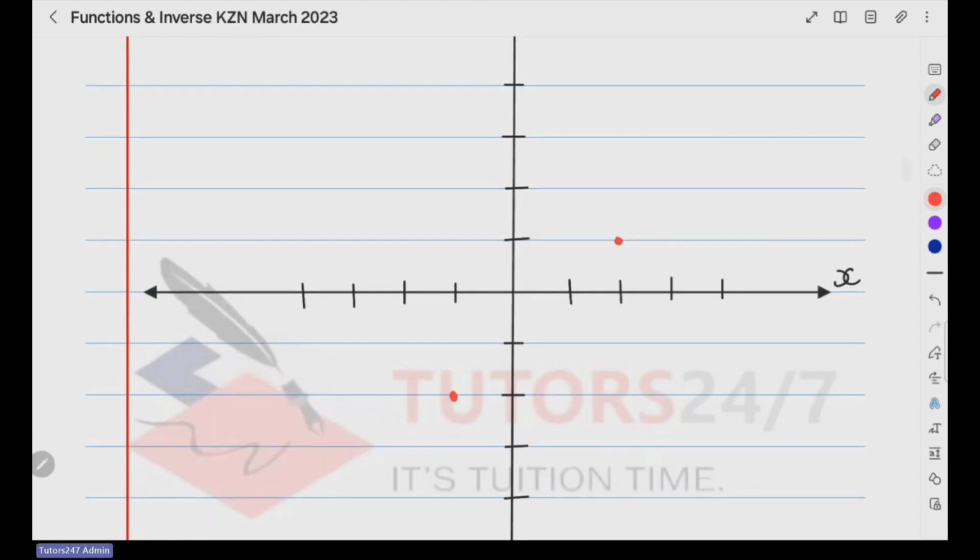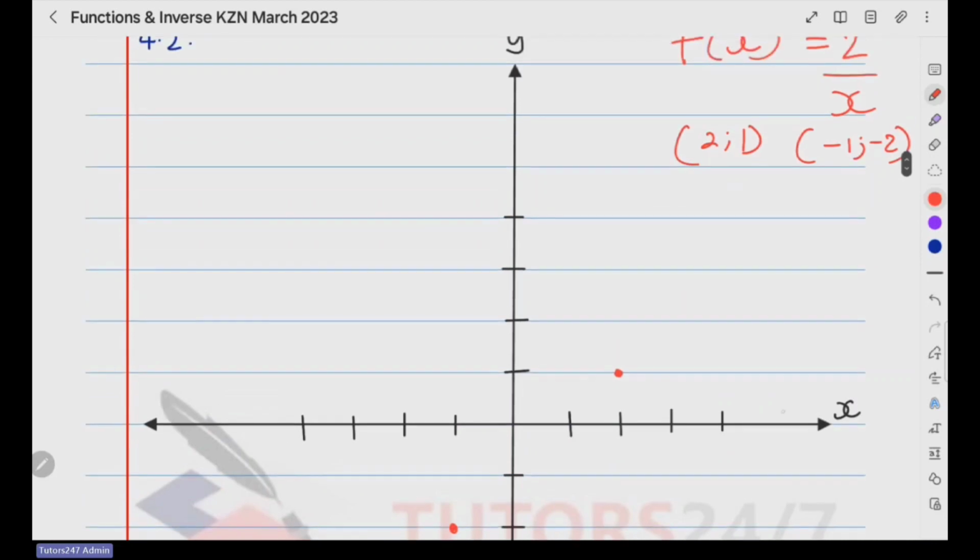Now, all we are going to do from this point is sketch our function in the first and third quadrants.